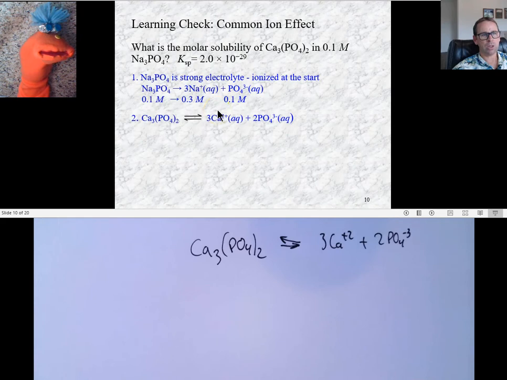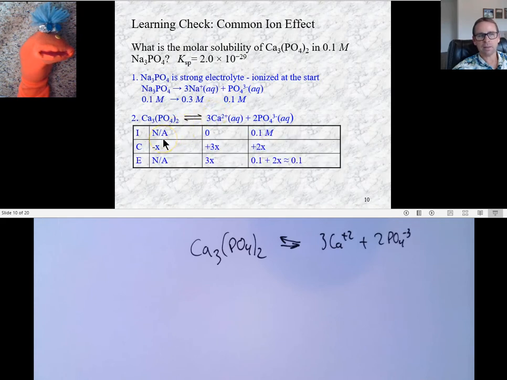All right, and we can identify what the molar solubility is under these common ion situations simply by looking at an ice table. Starting off with 0.1 molar phosphate here instead of 0. If we start off with 0.1, we don't have any calcium, so we still are going to get some shift to the right. So we got plus 3x, plus 2x. And now this is 0.1 plus 2x, very small shift, so we can drop that 2x. So 3x is the equilibrium concentration of calcium. 0.1 is the equilibrium concentration of phosphate.